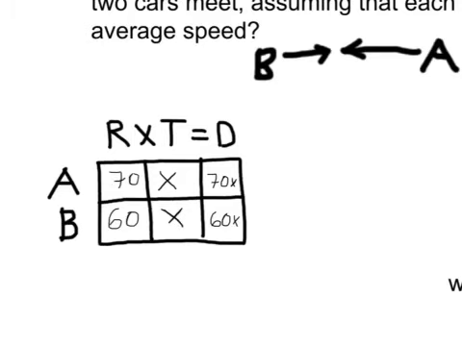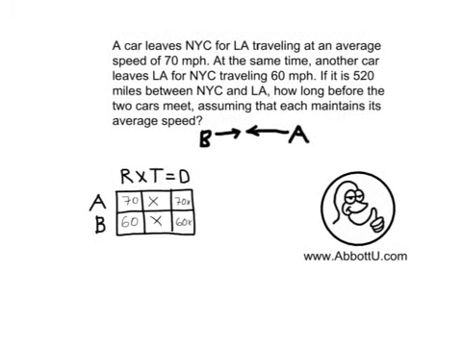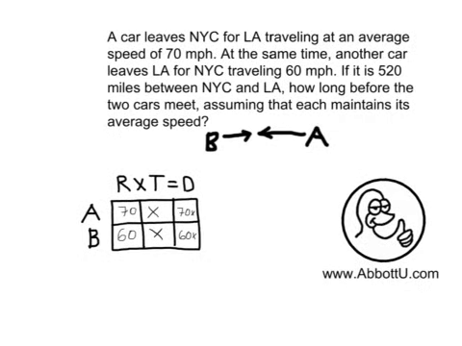And the question is, of course, what do you do from here? This problem is significantly different from the last one, which is the reason why I put it up here. If you notice in the body of the word problem, there's mention that there are 520 miles between New York City and LA. So whatever this distance is, this arrow, plus this arrow, when you add them up, you're going to get 520 miles. So there's 520 miles between these two starting points right here.